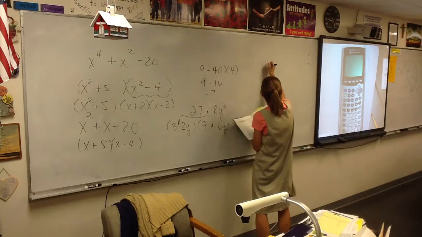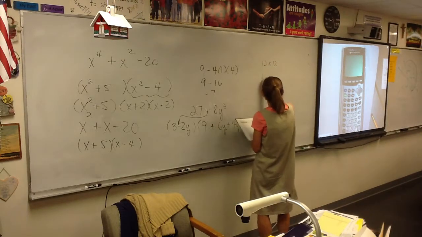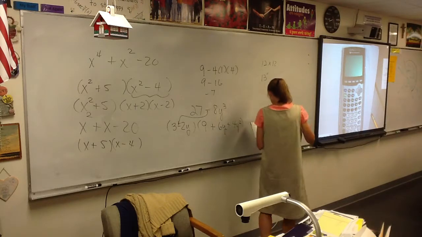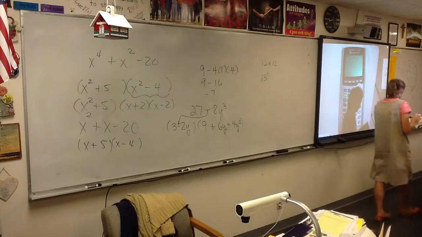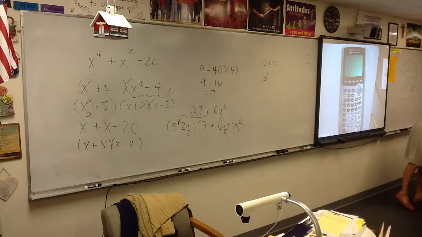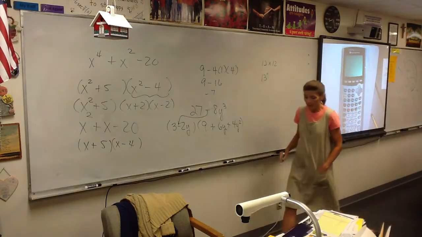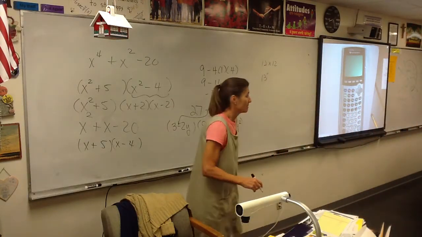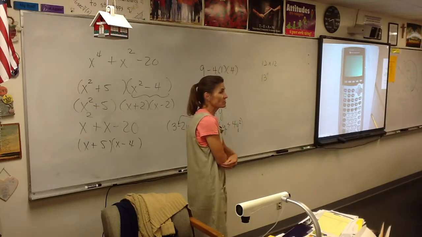So we have 12 by 12 squares, and we have 13-inch rounds. And we want to know which one is the best deal. So how would you even think about answering that?